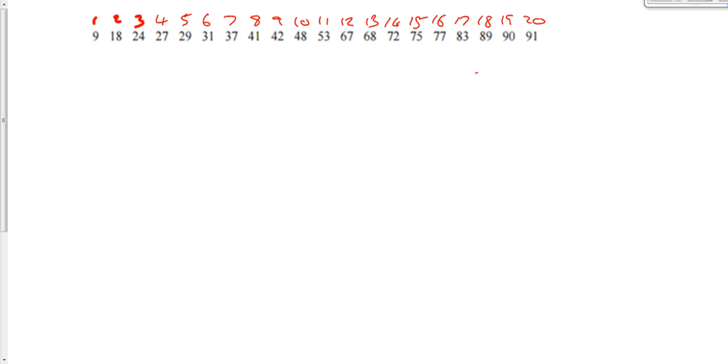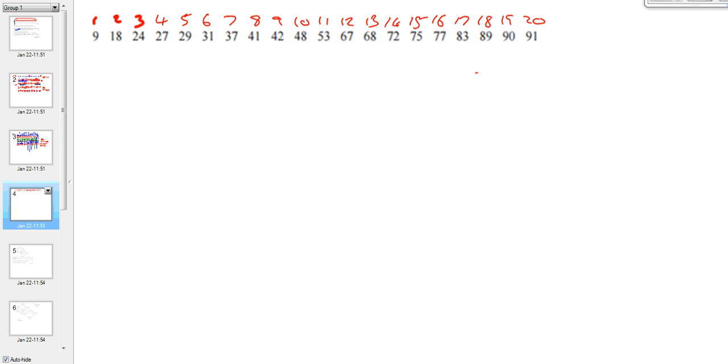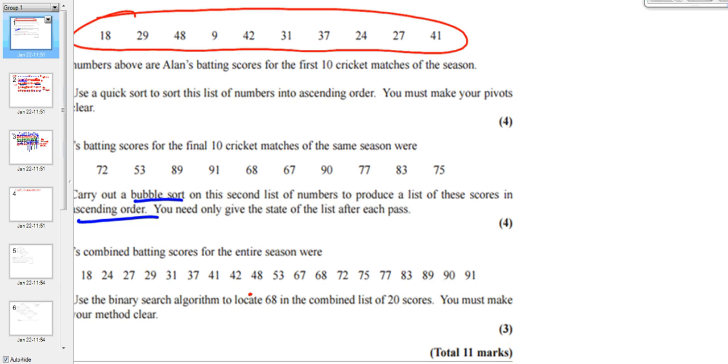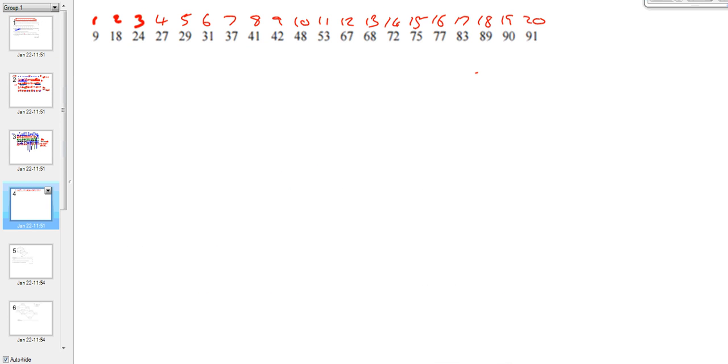So we've got 20 pieces of data there. So we've got to do a binary search. We are looking for the number 68. So we've written down all the numbers, and we've got to find the number 68.